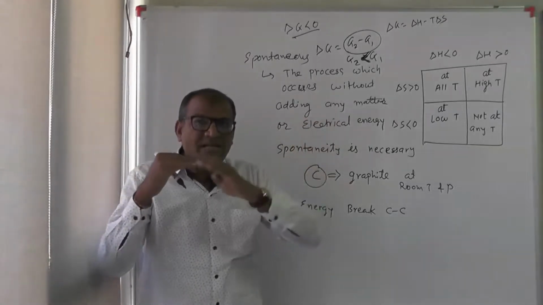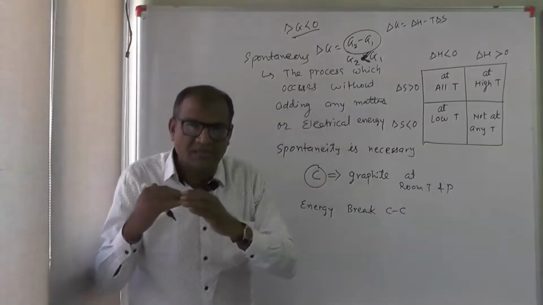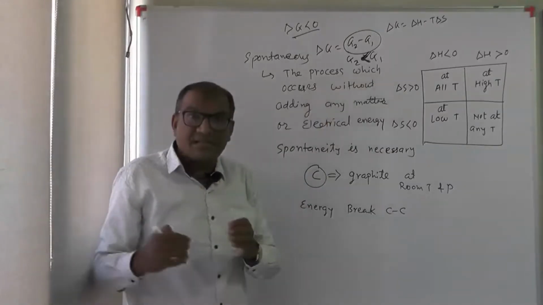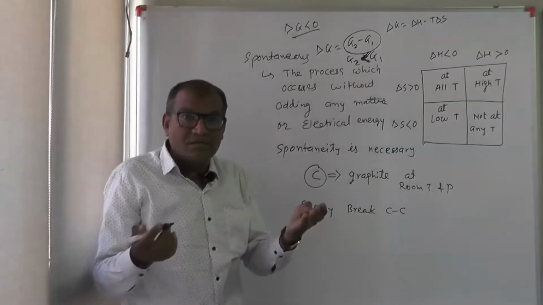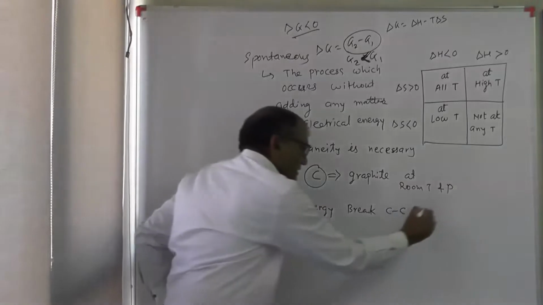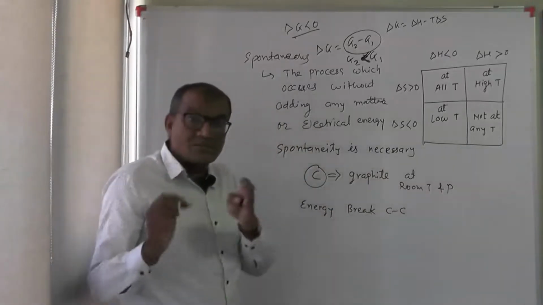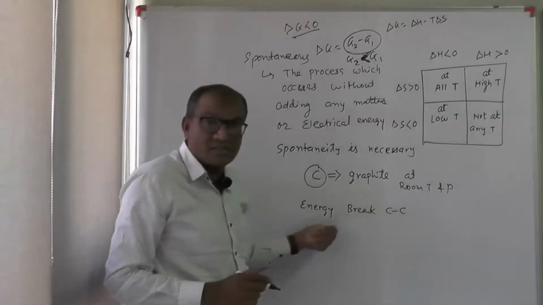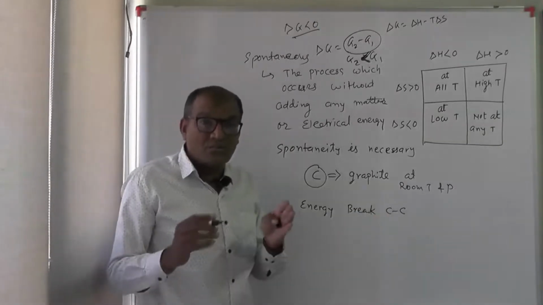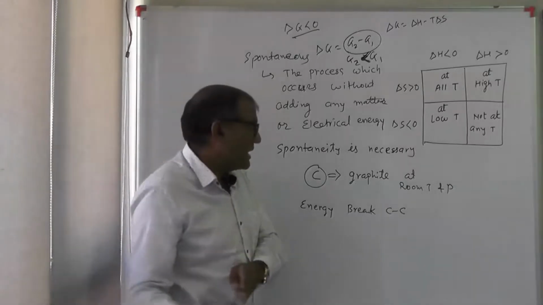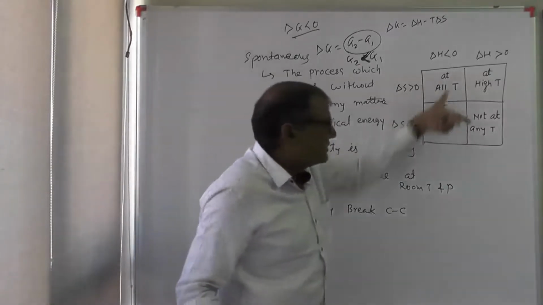So there is a release of Gibbs free energy, right? Because it is decreasing. And that release of Gibbs free energy in this case is not sufficient, because the energy required to break this bond is larger as compared to the release of Gibbs free energy. I have drawn one diagram.